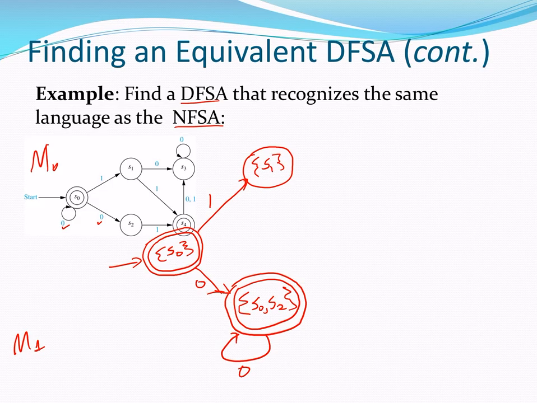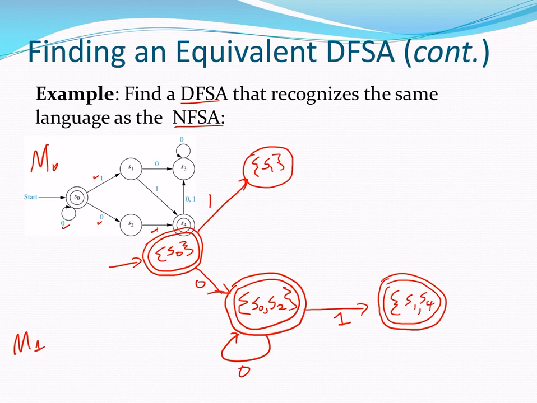If a 1 comes in, S2 goes to S4, and S0 goes to S1. So we'll create a new state for S1 and S4, and that will be an accepting state because 4 is an accepting state. So that's what happened when a 1 comes in for that state.